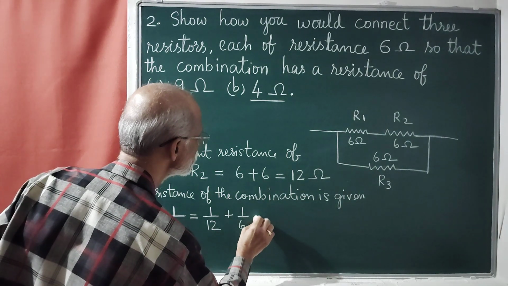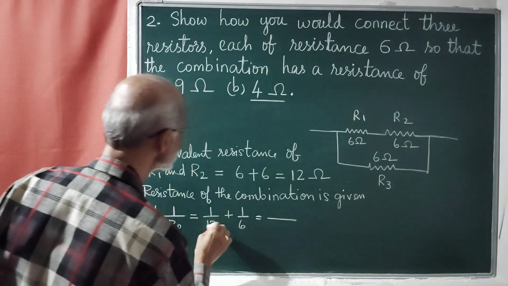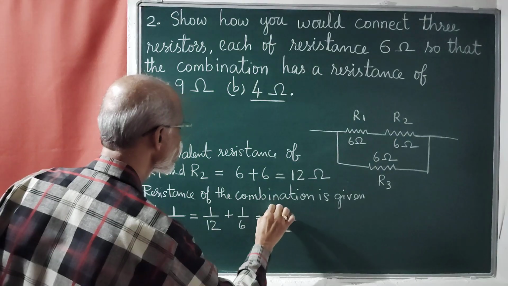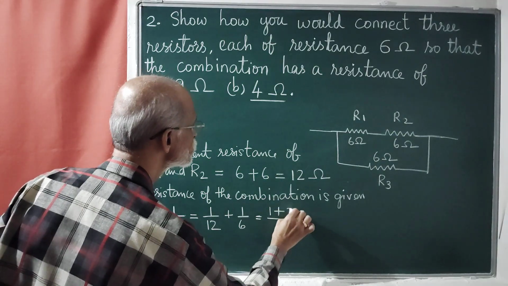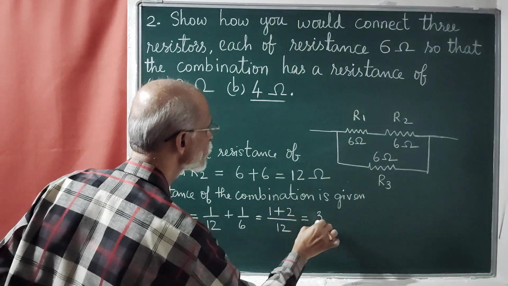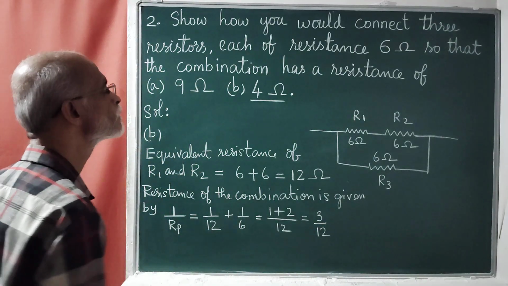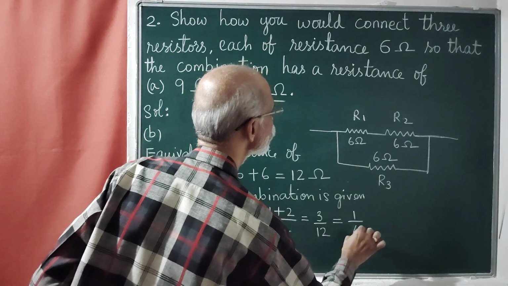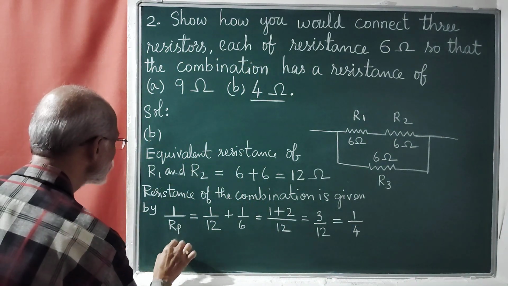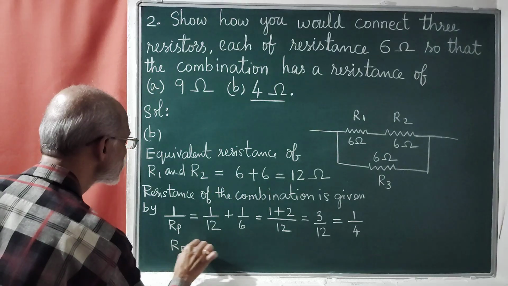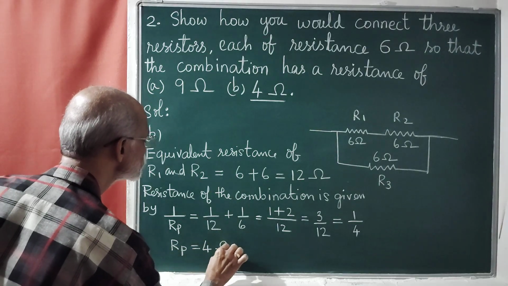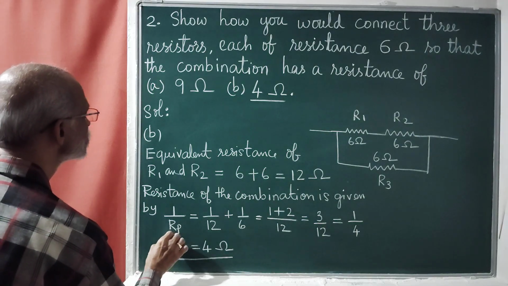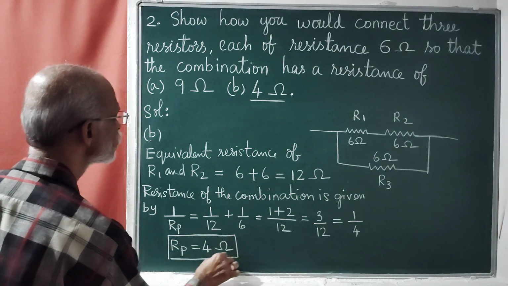That's equal to, the LCM is 12, so 1 plus 2, that's equal to 3 by 12, which is 1 by 4. So Rp is equal to 4 ohms. So the resistance of the combination is 4 ohms.